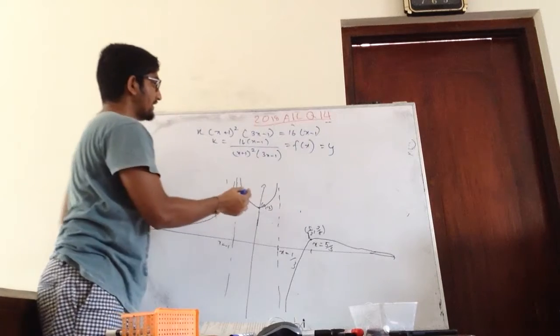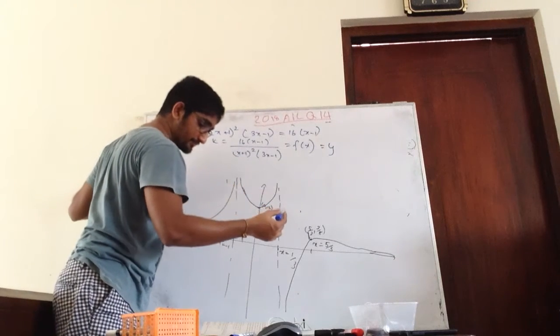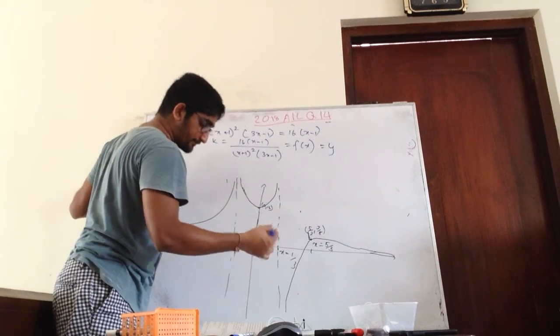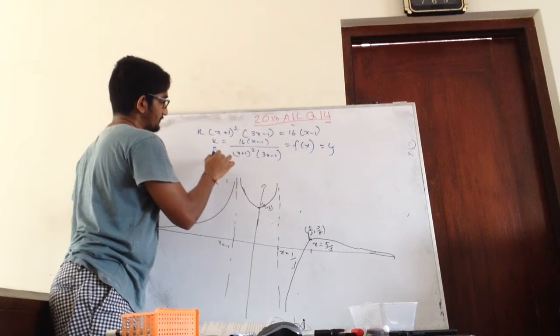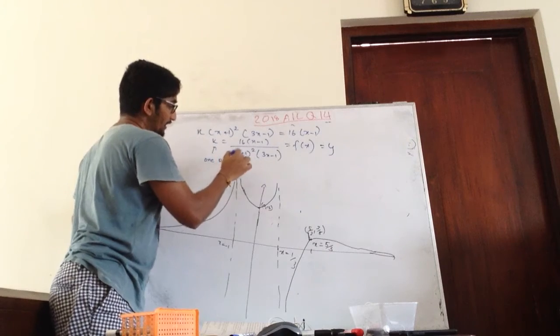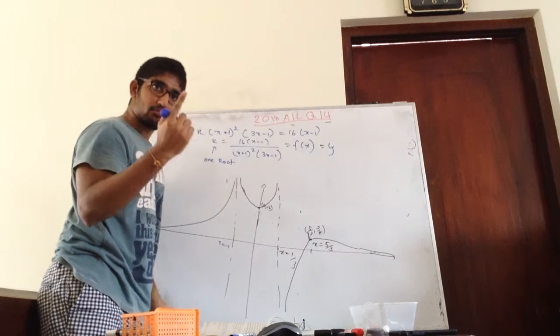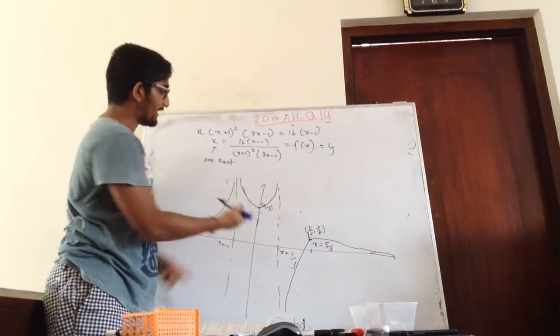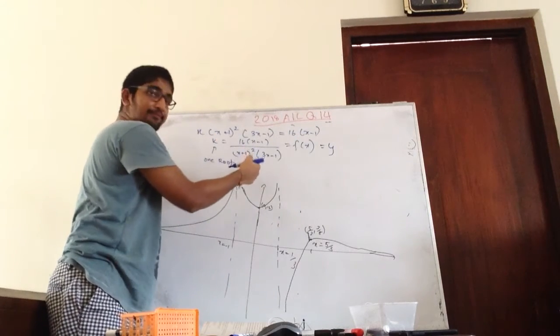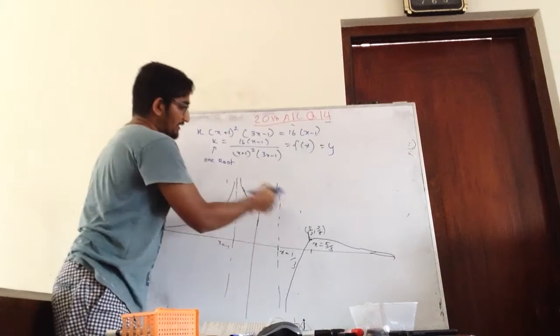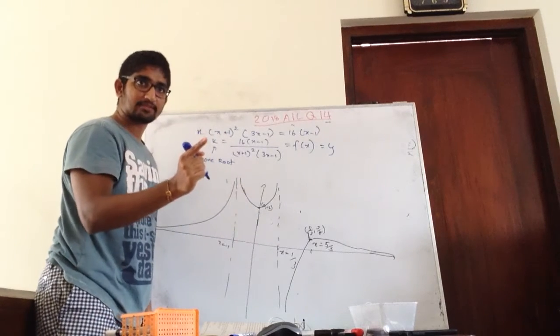So now they are saying the equation should have only one root. Right? That means y equals k should only meet this graph in one place.